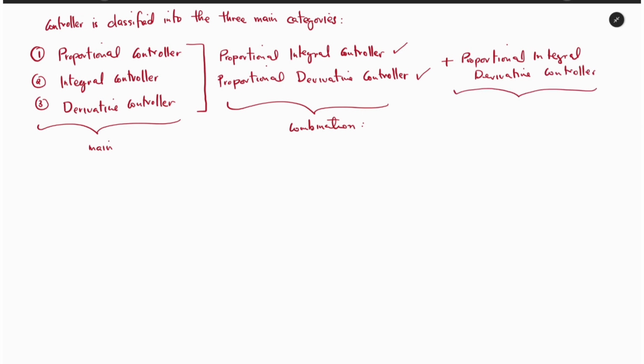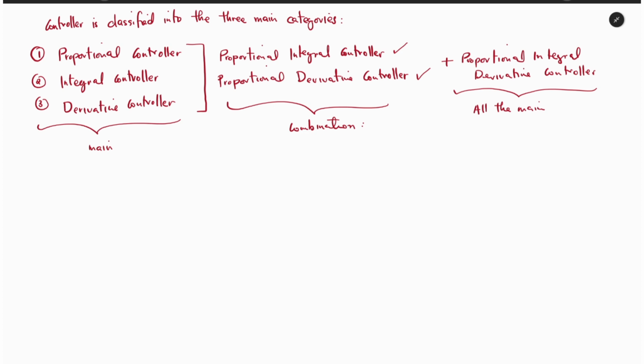And this is the main combination of all the main controller, PID, where it comprises of proportional, integral, and derivative controller all into a single controller.